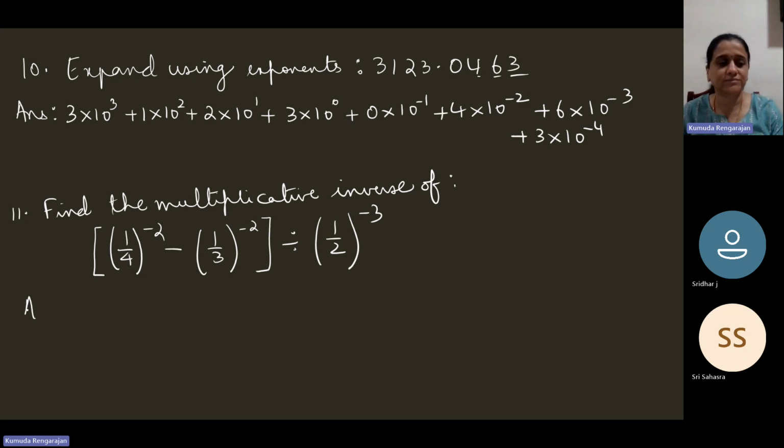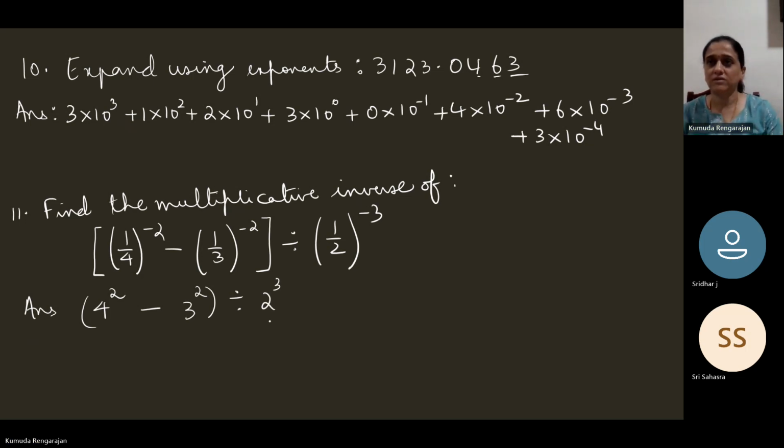Reciprocal of the base, negative of the power, divided by reciprocal of the base, negative of the power. So 4 squared is 16 minus 9, divided by 2 cubed, which is 8.